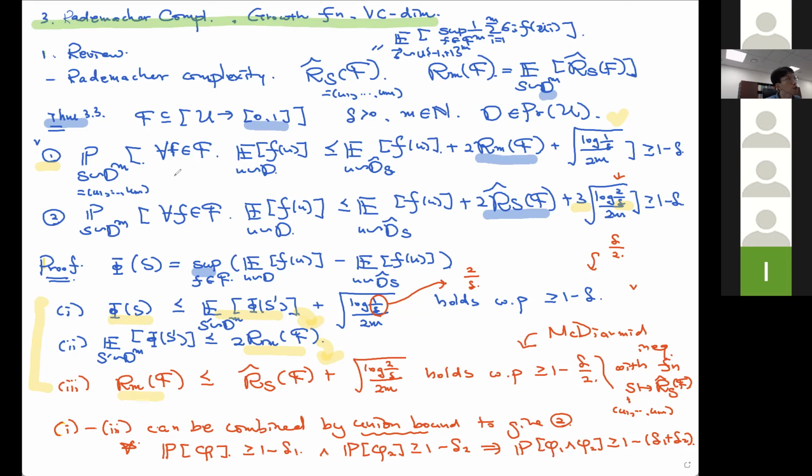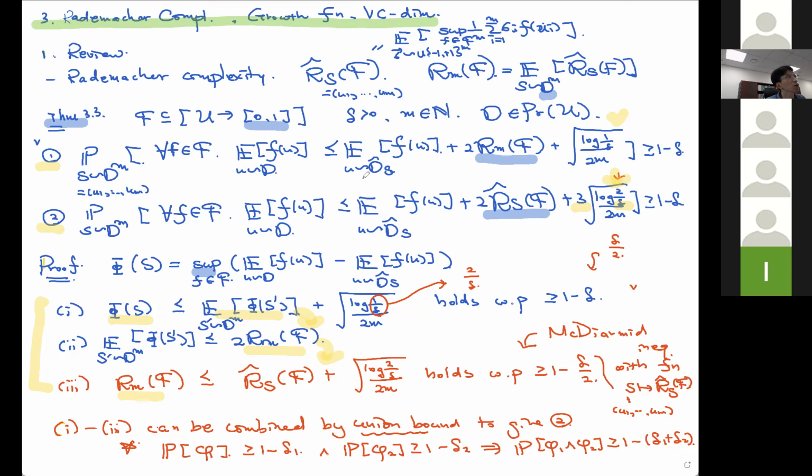So now coming back to the second statement, we can see that we obtain the second statement from the first with a bit tighter bound. So that's why I said we are using this 2 over delta here. And also we are using this type of probabilistic statement twice.